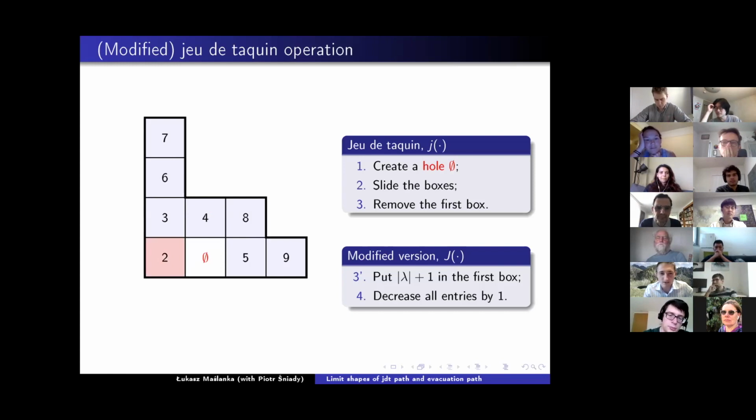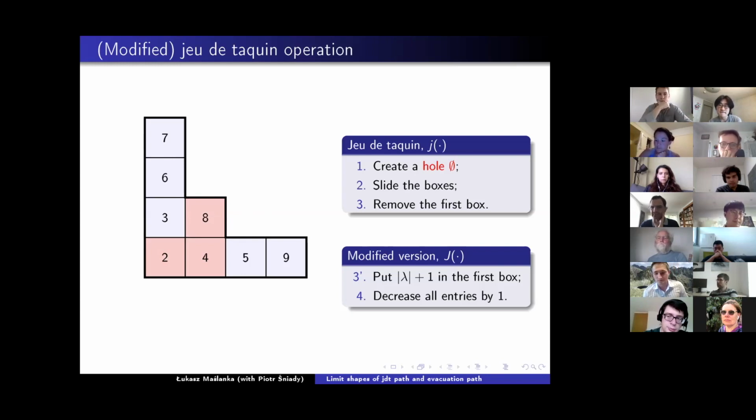And we proceed in this way until there is no more box to the right or above to slide. And when we finish the sliding, we remove the box with the hole. The path colored in red is called taquin path, and it will be a very important object in this talk.